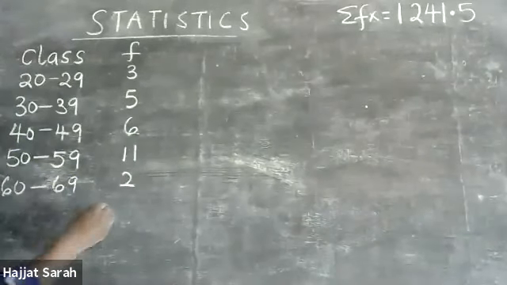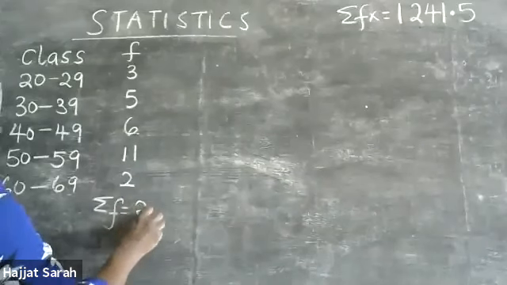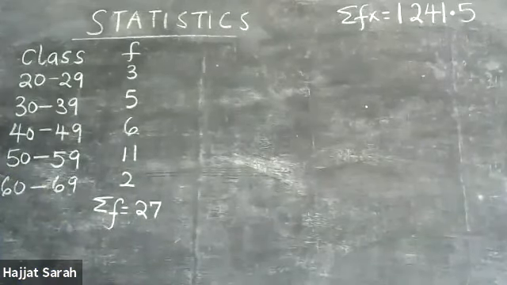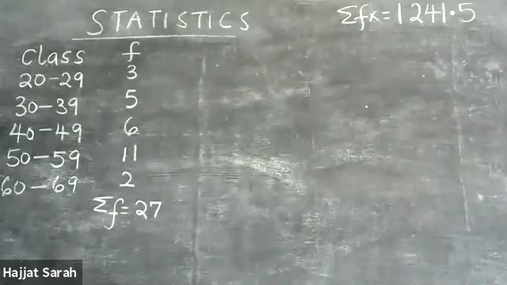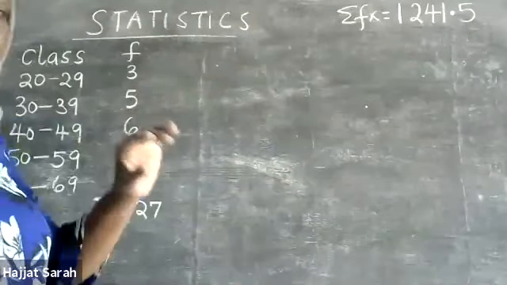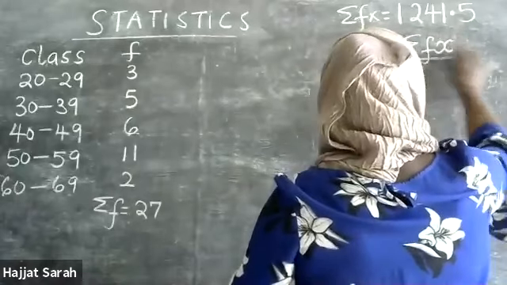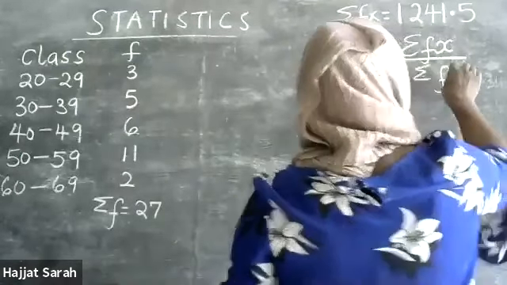Okay, so we write our total frequency here. We got 27. Now, they've told us use a working mean. Now, whenever they tell us to use a working mean, we are no longer going to use the formula that we're used to, which is summation of fx over summation of f.